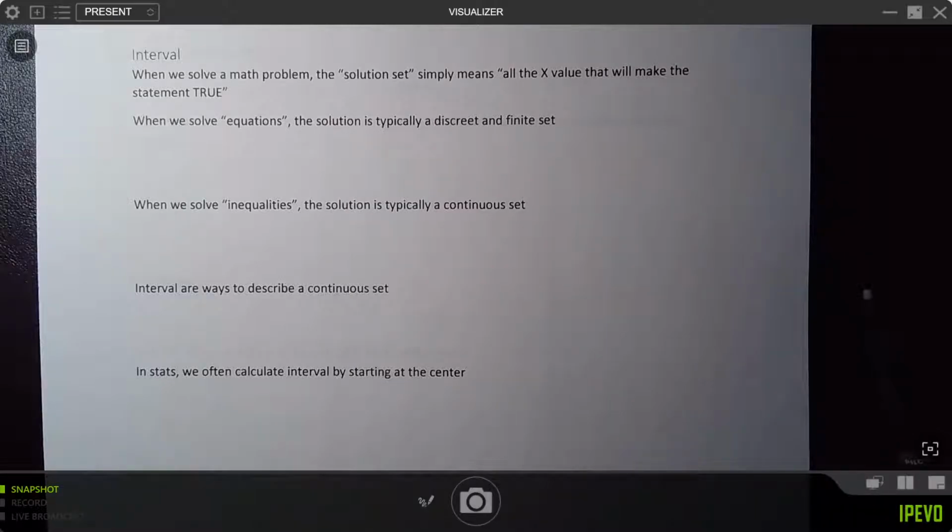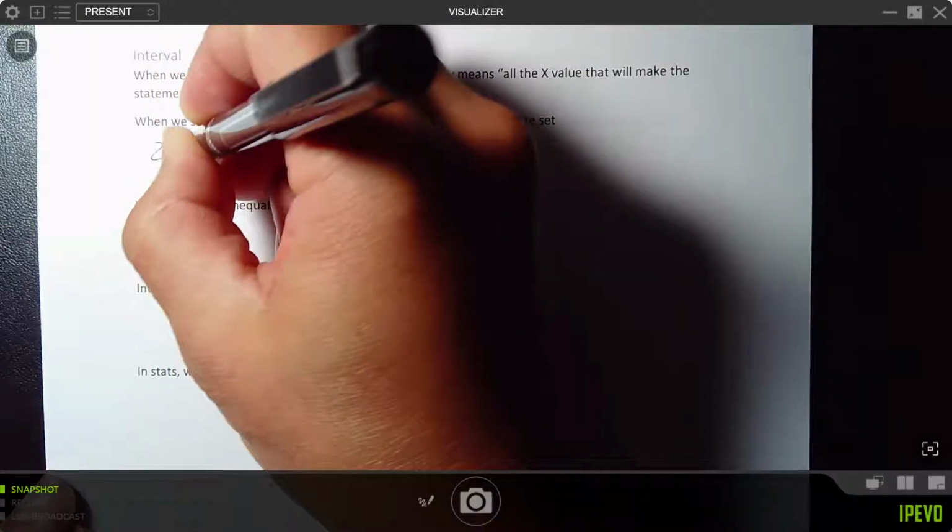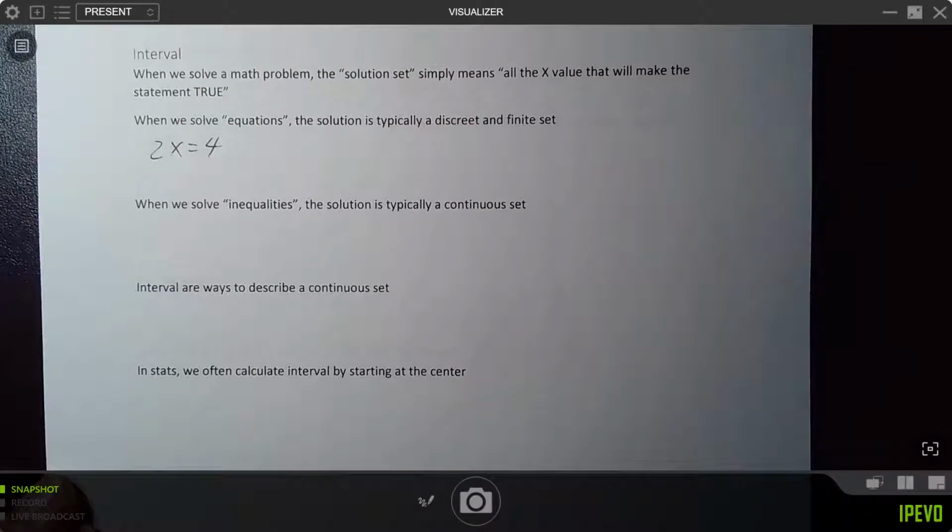Interval. Now, whenever we solve a math problem, when we say solution, or when we hear the phrase solution set, it simply means all of the x values that will make the statement true. For example, let's say we have a very simple equation here, 2x equals 4. Now I want to find the solution of this equation.